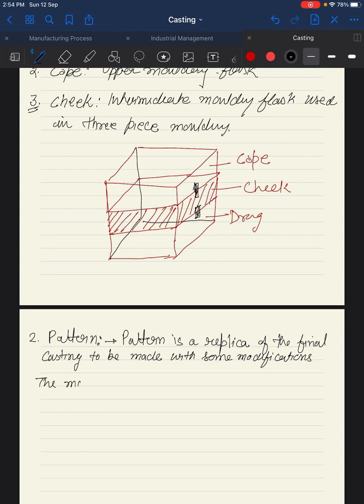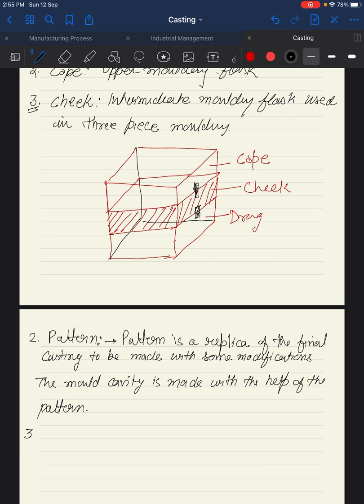The mold cavity is made with the help of the pattern. It means that the cavity of the mold is produced by the pattern. Pattern is just like a duplicate product of the same shape or size with some modifications used to create that cavity. Okay, so this is pattern.